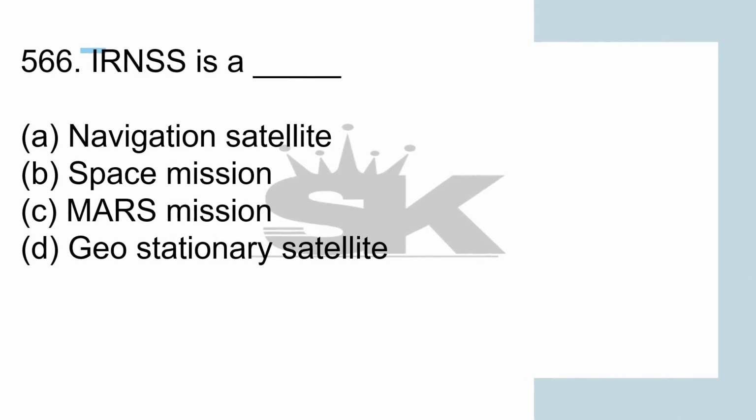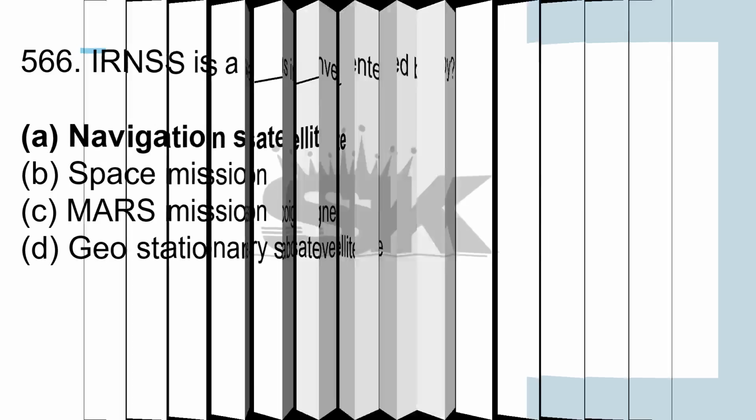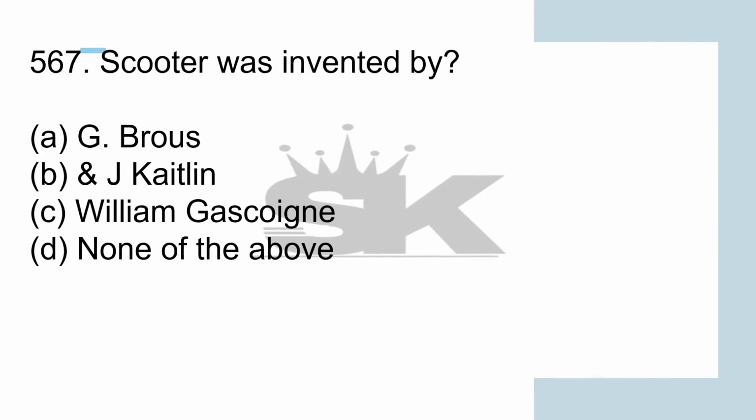IRNSS is a navigation satellite. Scooter was invented by none of the above. If the answer is none of the above, then who is the inventor of the scooter? It was invented because Gino Tsai, the inventor and president of the JD Corporation, couldn't walk around his factory.